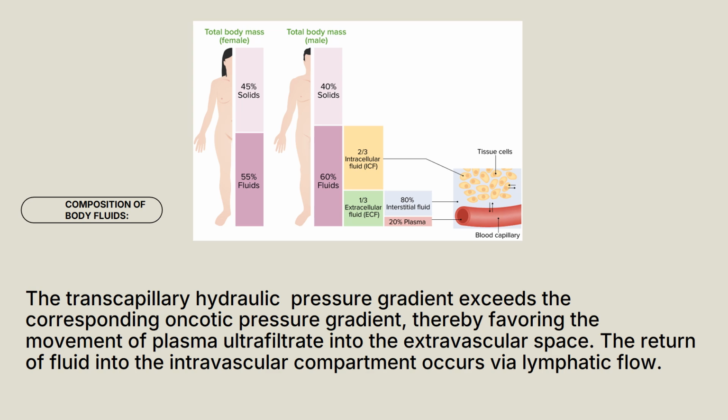Now, according to Starling's law, the fluid moves from the capillary towards the interstitial fluid into interstitium and tissues within the capillaries, and that's because the transcapillary hydraulic pressure exceeds the corresponding oncotic pressure gradient between the blood in the capillary and the tissue, and thereby favoring a movement of a plasma ultrafiltrate into the extravascular spaces.